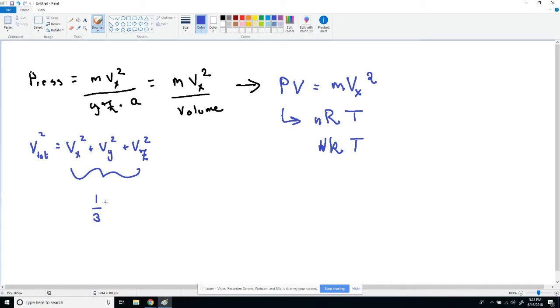So we could say that 1/3 v squared is equal to vx squared. And then we could replace what we need in this formula over here. So we would have an nRT from the ideal gas law replacement on the left-hand side. On the right-hand side, we would have an m v total for three-dimensional.